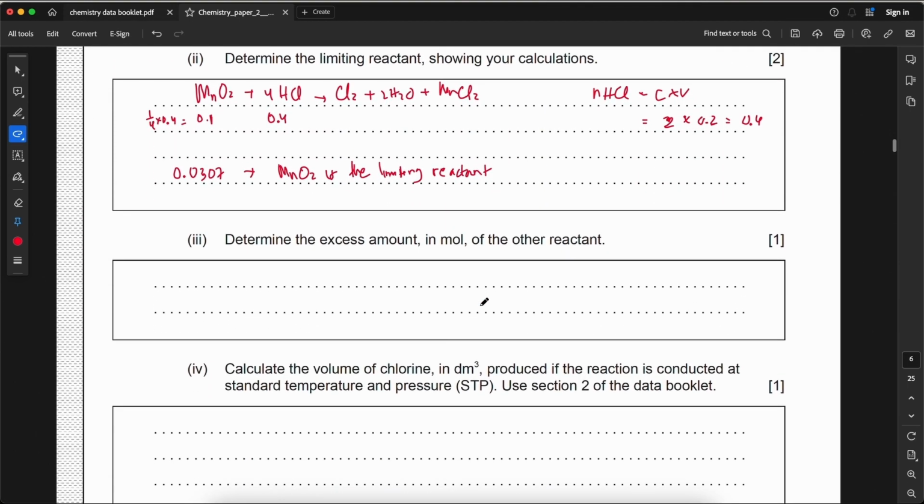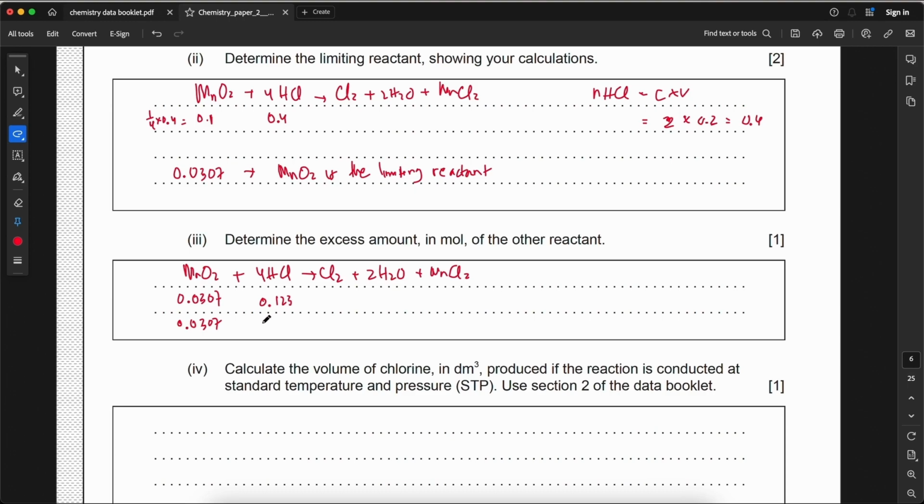Determine the excess amount in mole of the other reactant. So MnO2 plus 4HCl produce Cl2, 2H2O, and MnCl2. As we know, the mole of MnO2 is 0.0307. So this is the limiting reactant. So now to calculate mole of HCl reacted, it is 4 divided by 1 times 0.0307. You get 0.123.